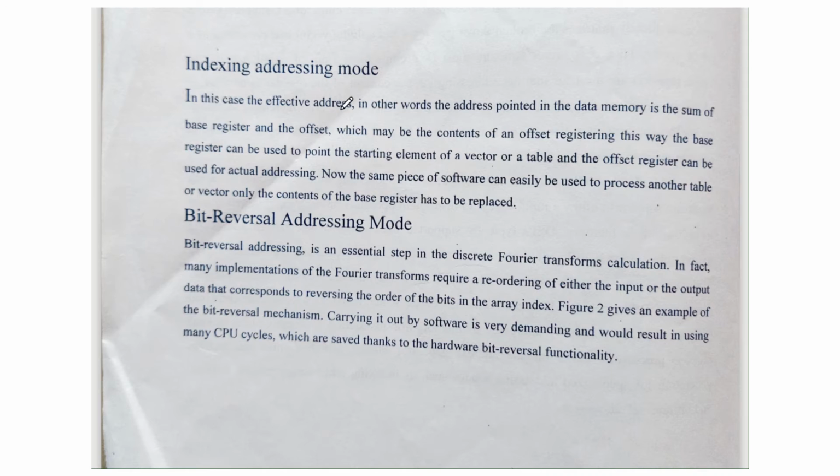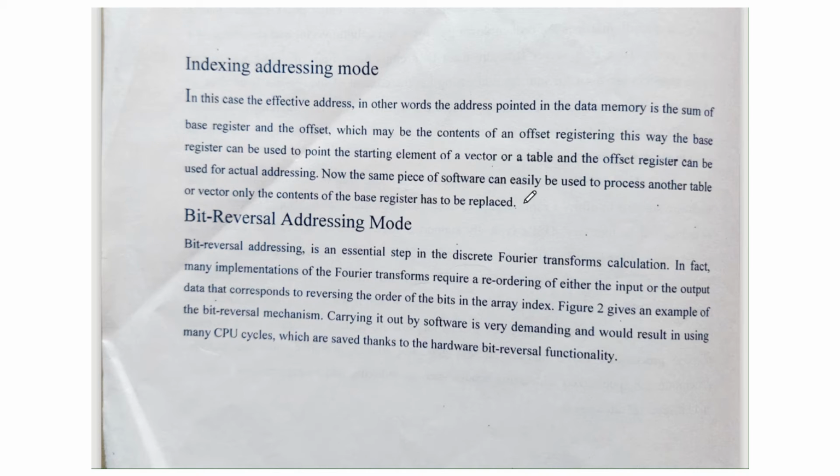In this case, the effective address, in other words the address pointed to in the data memory, is the sum of the base register and the offset, which may be contained in an offset register. This way the base register can be used to point to the starting element of a vector. Again the vector corresponds to a matrix or a table, and the offset register can be used for actual addressing.